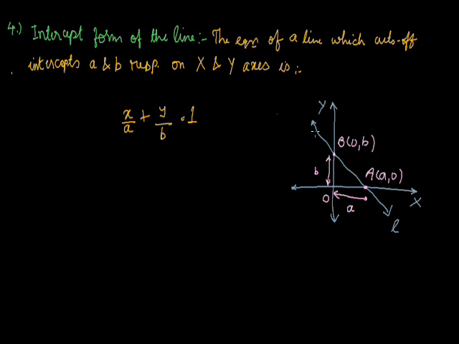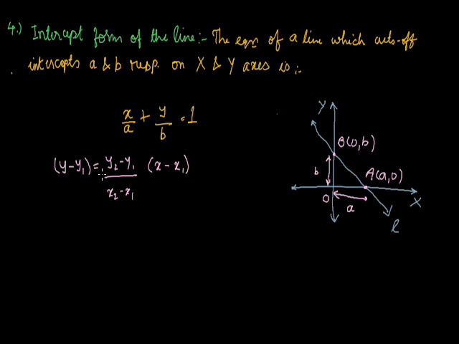Now I see that my line L passes through two coordinates A (a, 0) and B (0, b). So by 2-point form of the line, I can say that the equation of the line was y minus y1 is equal to (y2 minus y1) upon (x2 minus x1) of (x minus x1). So this was the 2-point form of our line.